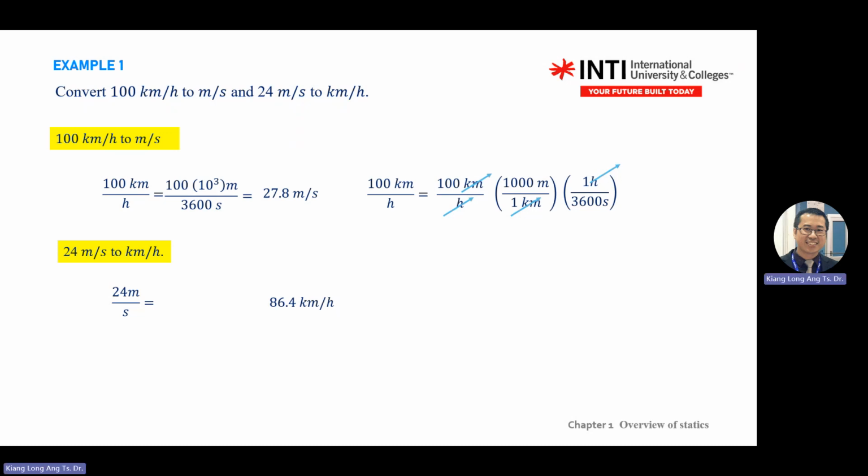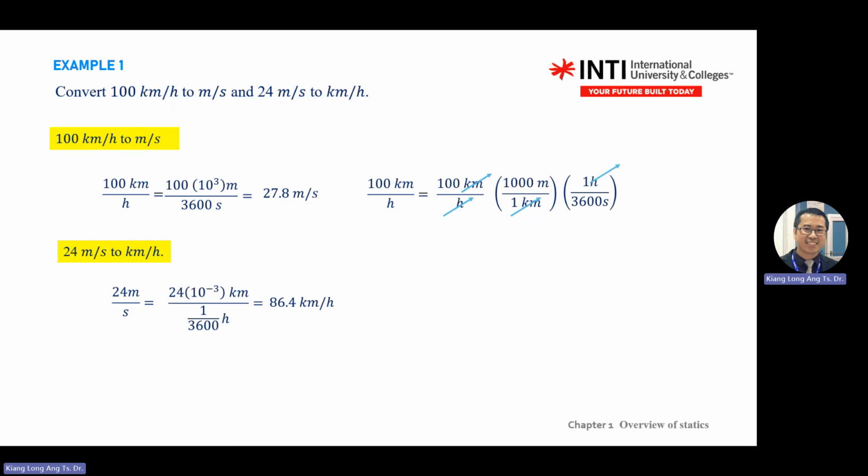So 1 meter equal to how many kilometer? 1 times 10 minus 3 kilometer. You understand, right? Who cannot get this one, you need to work on your mathematics. So straight away, I give you this one: 10 minus 3 kilometer. Then second, you need 1 over 3600 become hours. So the answer is 86.4.